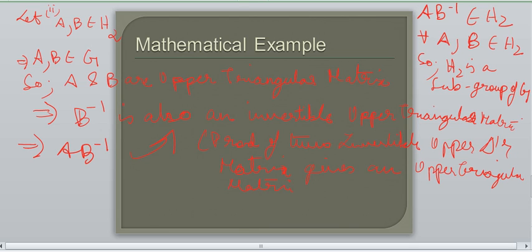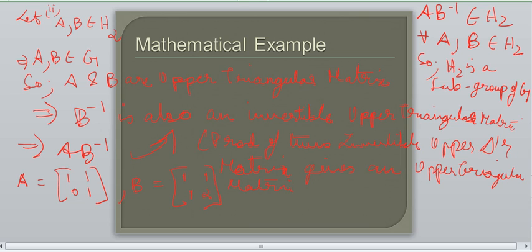Now, writing all this you will not understand. Let me take a matrix. Let's say A is given as 1 1 0 1. You can see it is upper triangular. There are values in the upper triangle. And say B is taken as a normal matrix. Let's say I take 1 1 1 and 2.